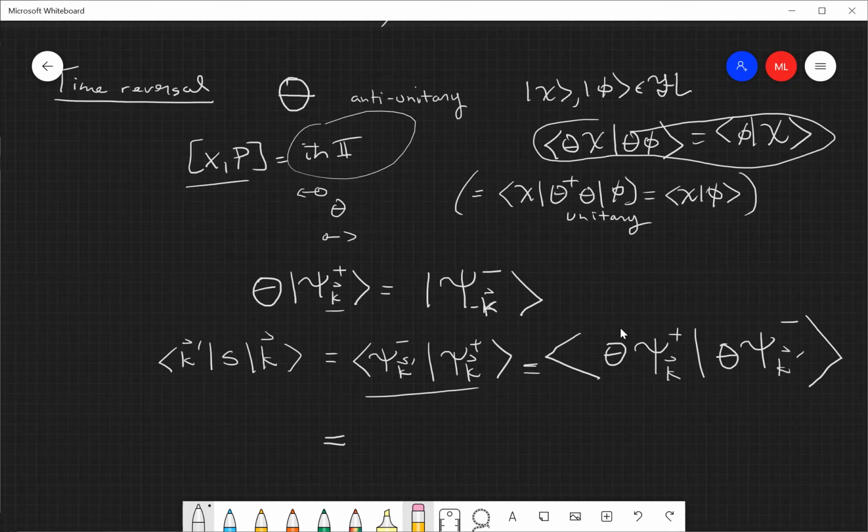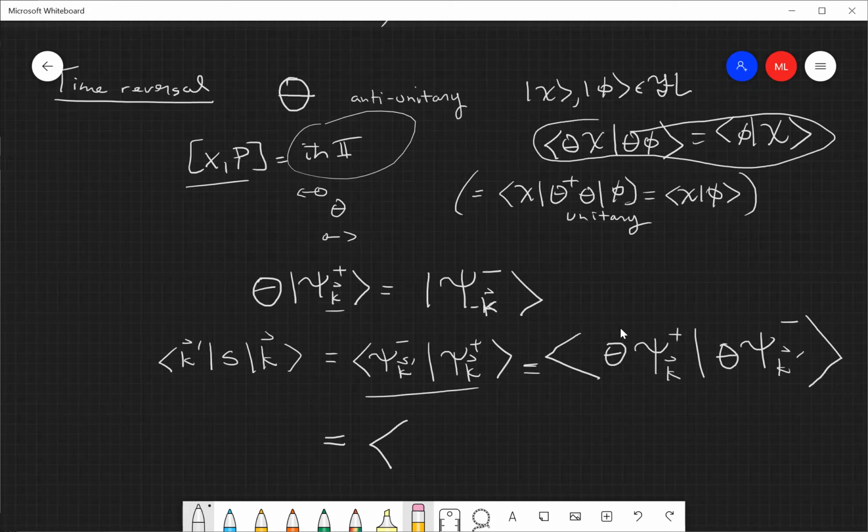Okay, so now we can actually use the properties of the scattering states. We're actually deriving a symmetry of S, essentially.